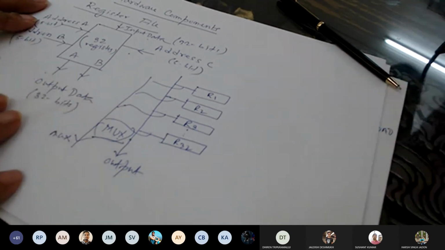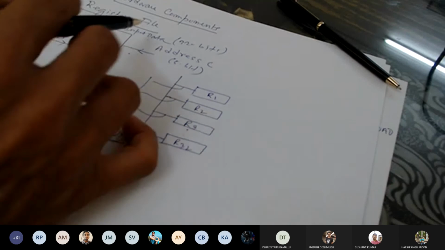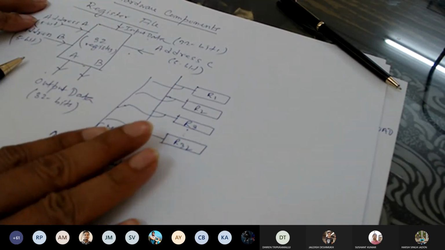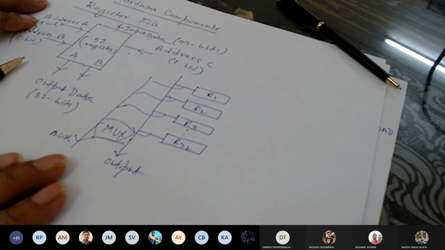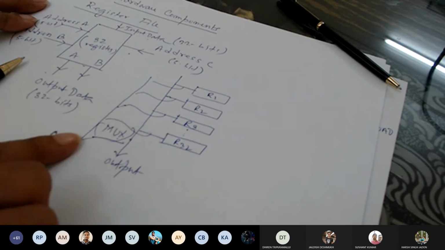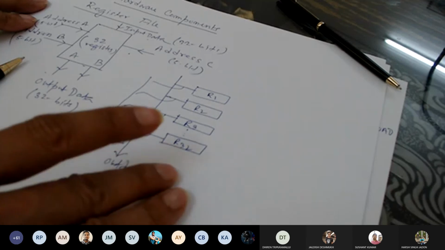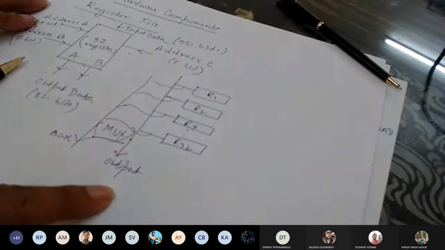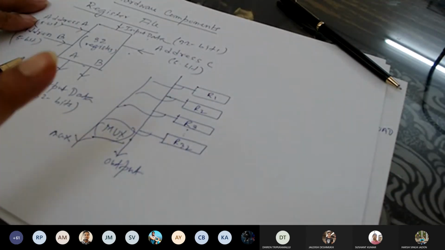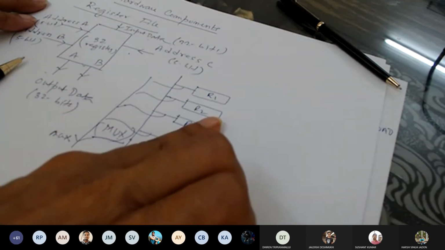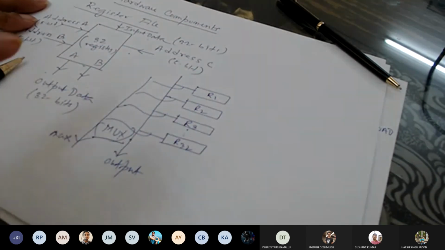So even if the conceptual diagram looks like this, you can understand how you need to arrange it inside. You need multiplexers to intelligently pass the value from one of the registers to the output channel, and parallelly one of the values will go to this. This parallelly is a constraint.